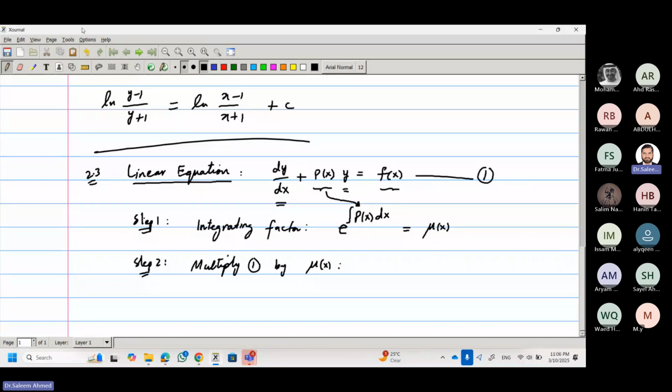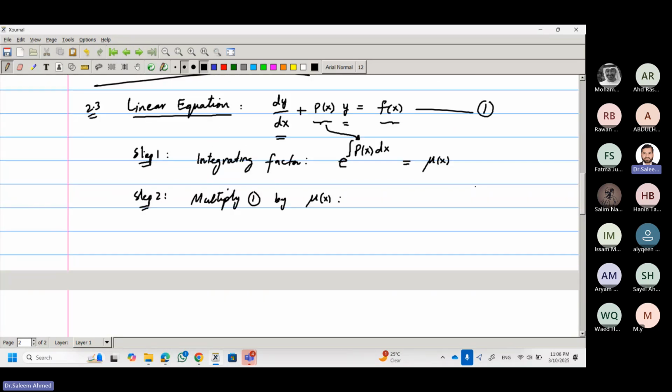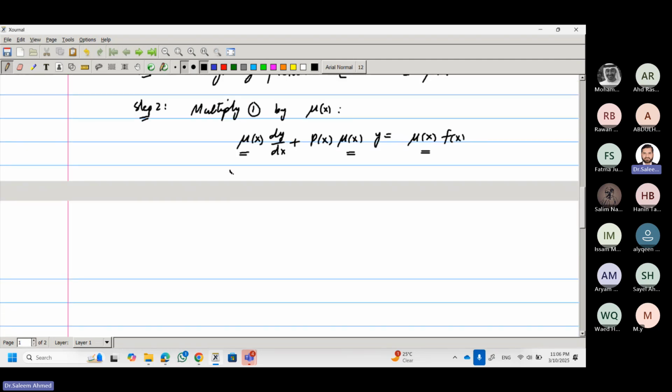Okay. And once you multiply this, now see, you have to remember these steps. Steps 2 and 3 you have to remember. So if you multiply equation 1, you get mu of x dy by dx plus p of x mu of x y is equal to mu of x f of x, right? So you see, we multiplied mu of x throughout with all the terms. After this step, you write the left-hand side. Remember that the left-hand side becomes the derivative of mu of x, the integrating factor, times y, the dependent variable.